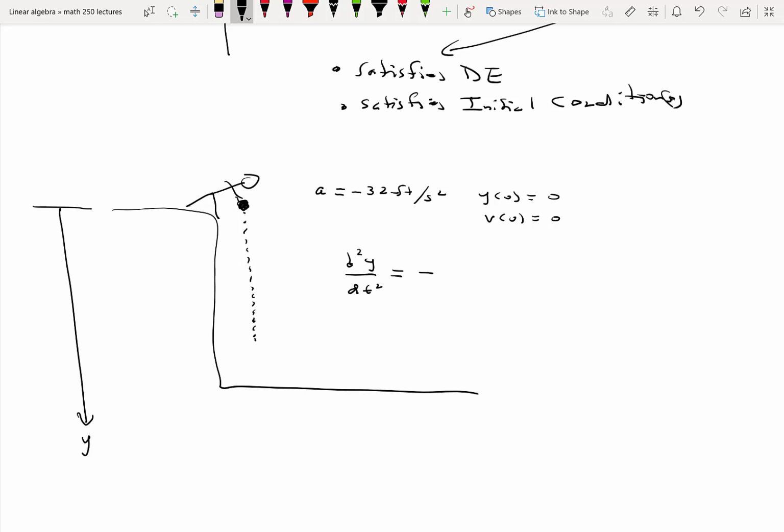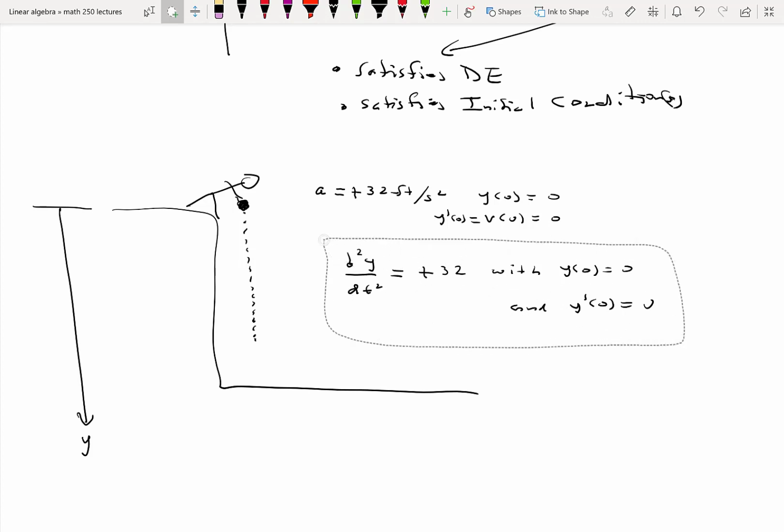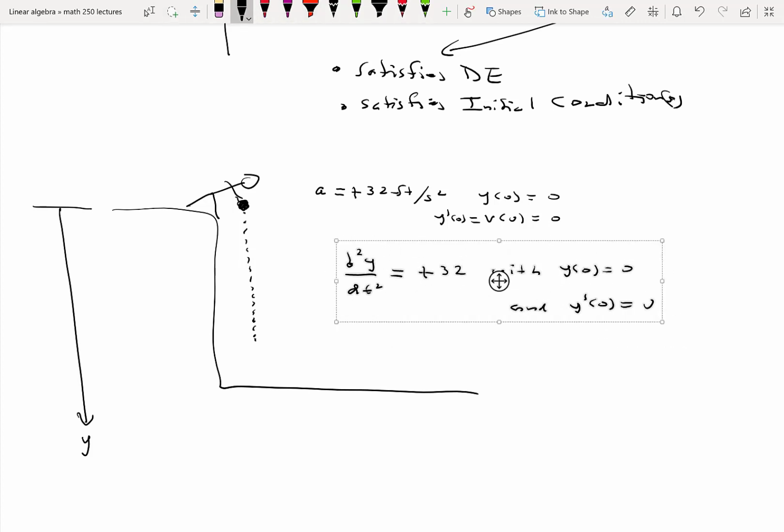So acceleration, d squared y over dt squared, is in fact positive 32, because we're putting the positive y-axis down. So d squared y over dt squared is 32 with y of 0 equals 0, and the velocity is y prime, so y prime of 0 equals 0. Okay, and that is an initial value problem. A very common one.